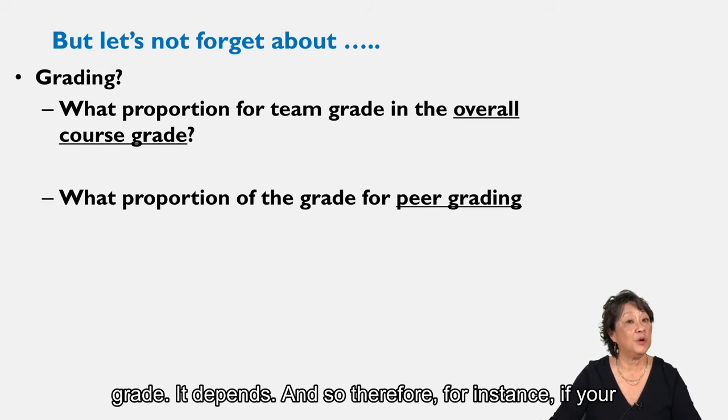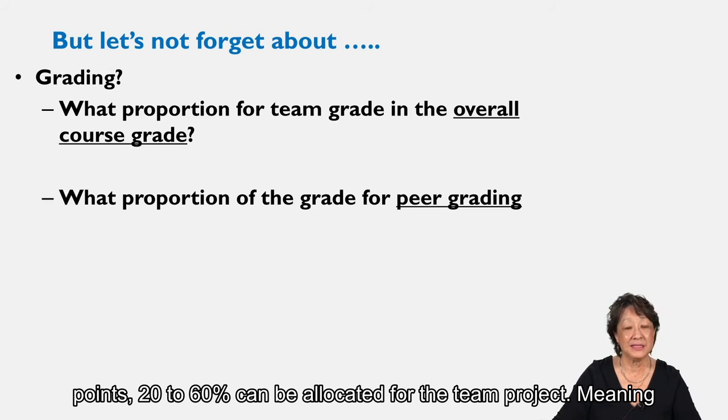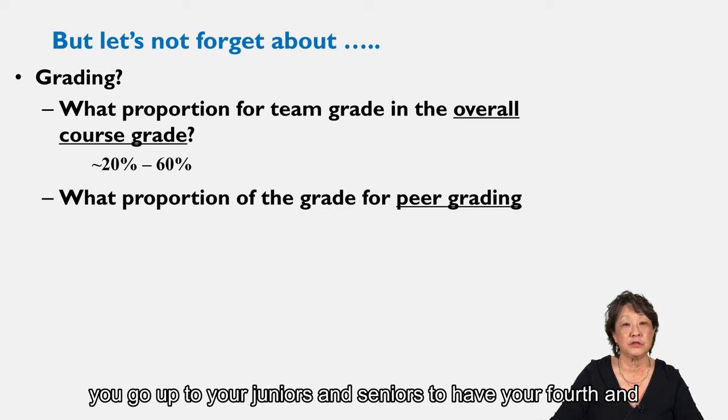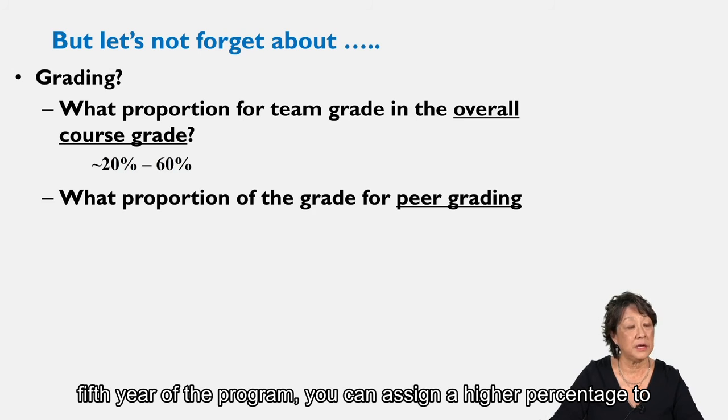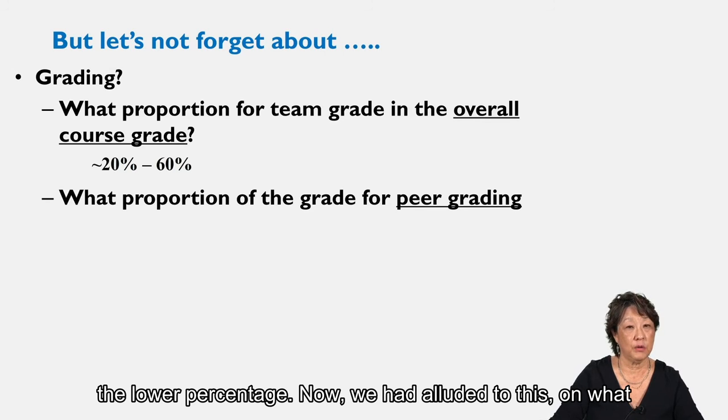For instance, if your overall points might be 1,000 points, 20 to 60% can be allocated for the team project, meaning that 20% for maybe your freshmen and sophomores, but as you go up to your juniors and seniors, so your fourth and fifth year of the program, you can assign a higher percentage to the team project, but not in the first and second year. Stay in the lower percentage.